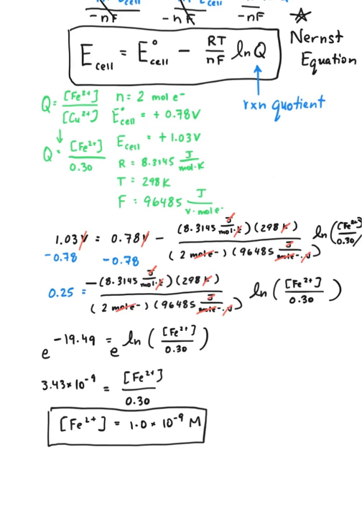So, through a series of very simple, easy, fun calculations, we've been able to use virtually everything we have talked about for the bulk of this semester to solve a problem. We have taken into consideration the Nernst equation that relates a cell potential under non-standard conditions to a cell potential under standard conditions, which we can determine through analysis of individual half reactions.